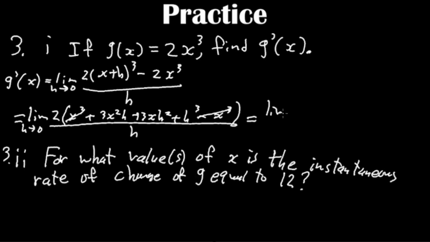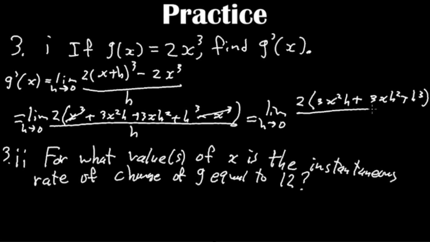So this is the limit as h goes to 0 of 2 times 3x squared h plus 3xh squared plus h to the third power over h. So notice all these things have an h in them. This had an h, this had an h squared, so that moves its power down 1. This had an h cubed, so this becomes an h squared.